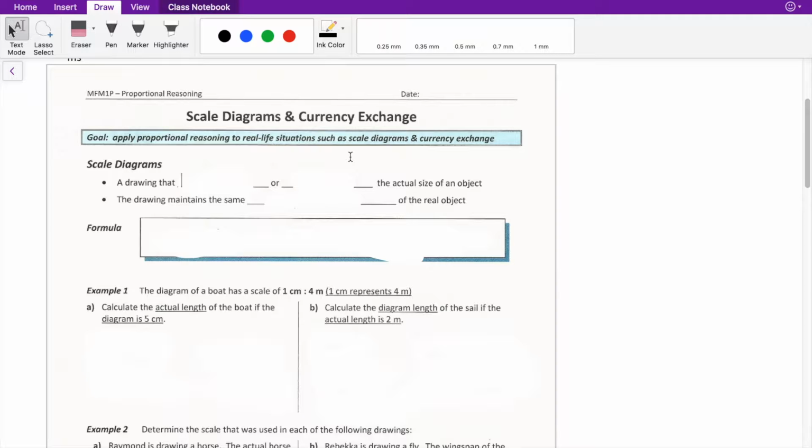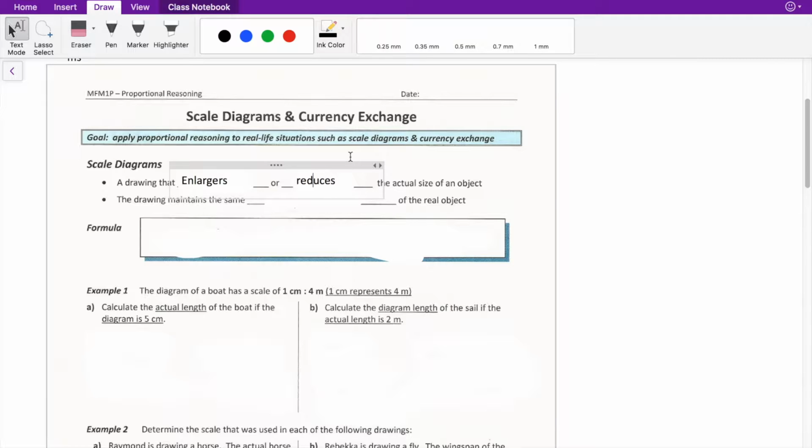So let's go through this sheet you have. I'm going to go through it slowly, so hopefully you have a chance to catch up. A scale diagram is a drawing that enlarges or reduces the actual size of an object.